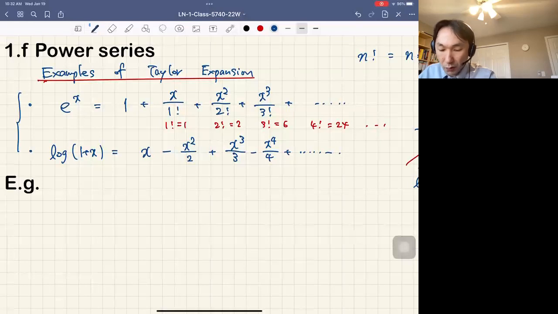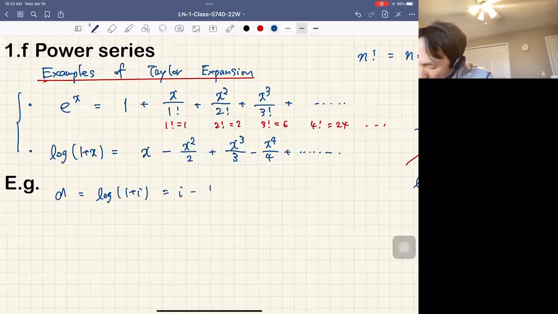So this can be useful for approximating some interest rates. For example, the force of interest delta is given by log of 1 plus i if the effective interest is i. Then that is i minus i squared over 2 plus i cubed over 3 minus i to the fourth power over 4 plus, and so on.